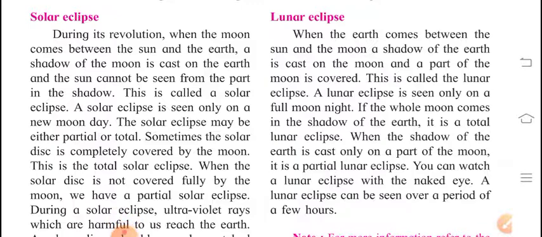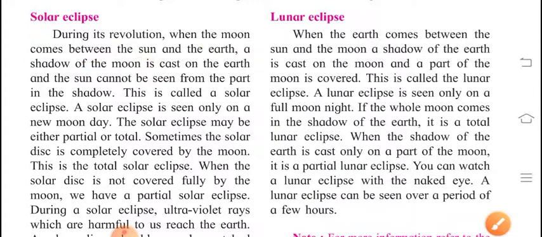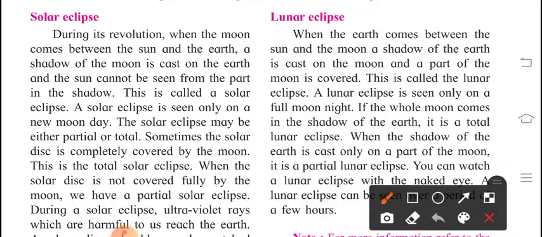First, we will study about solar eclipse. During its revolution, when the moon comes between sun and the earth, a shadow of the moon is cast on the earth, and the sun cannot be seen from the part of the shadow.